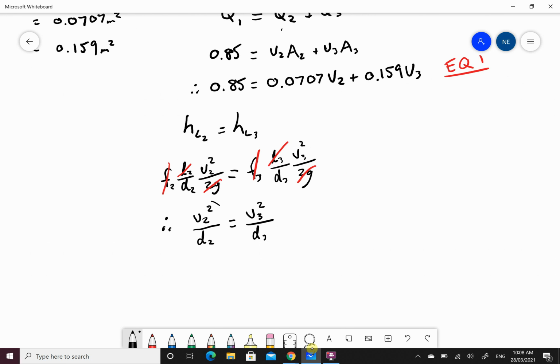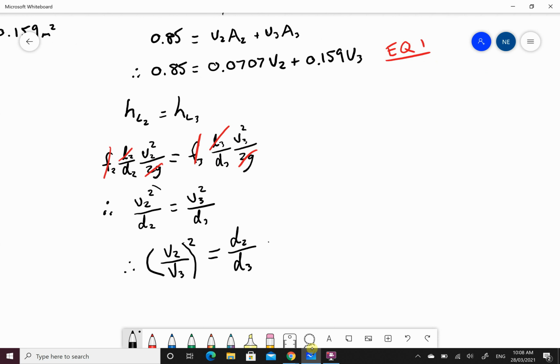You can cross multiply, and I'll end up with V2 on V3, both of them squared, is equal to the diameter of pipe 2 divided by the diameter of pipe 3, which is equal to 0.3 on 0.45.